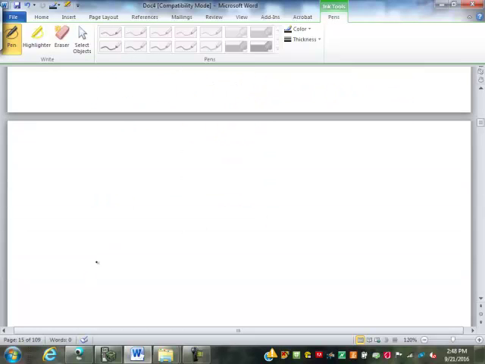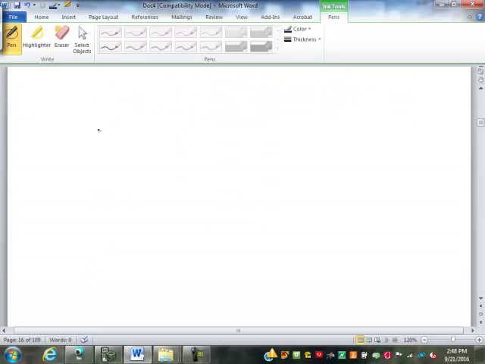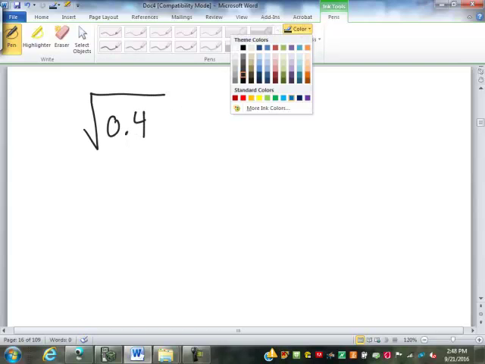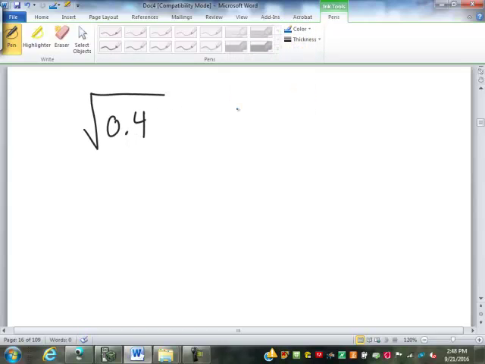Okay. Go in the other direction then. Now we've talked about the opposite of a power is a root. What's the square root of 0.4 going to be? Will it be 0.2? Most people want to jump on that.